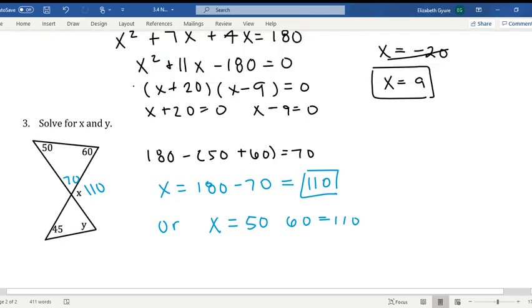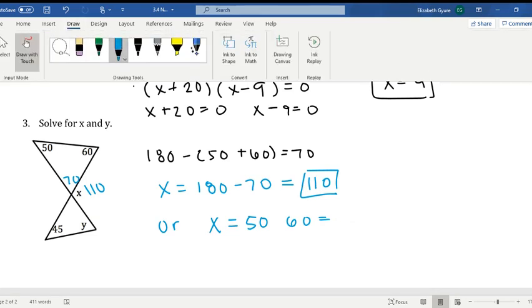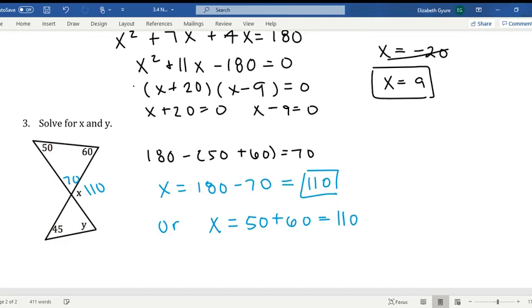Any ideas of how we could then solve for y? Reagan? Oh, okay. Add 70 and 45. Yeah, no, that's okay.